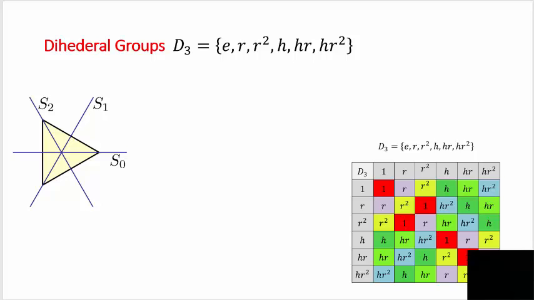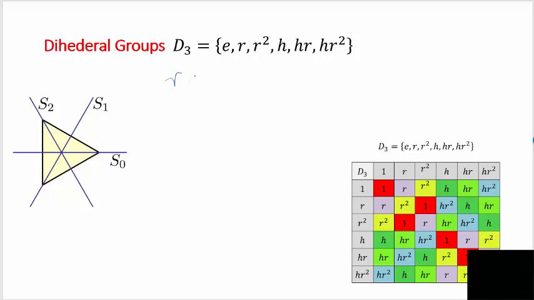Last time in class we looked at D4, the symmetries of a square. So I think this will be really easy for you to think about. The symmetries of an equilateral triangle, D3. You see here there are 3 lines of symmetry, lines of reflection, and the rotations would be 120 degrees.